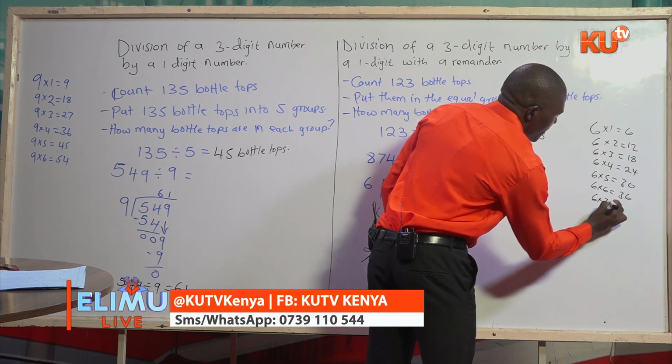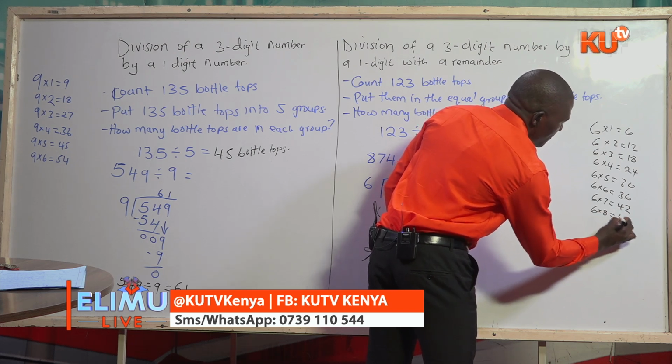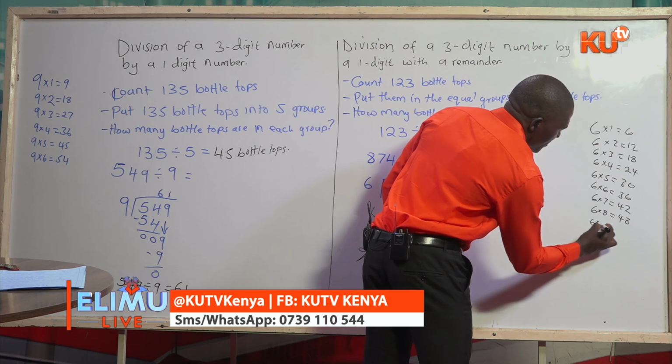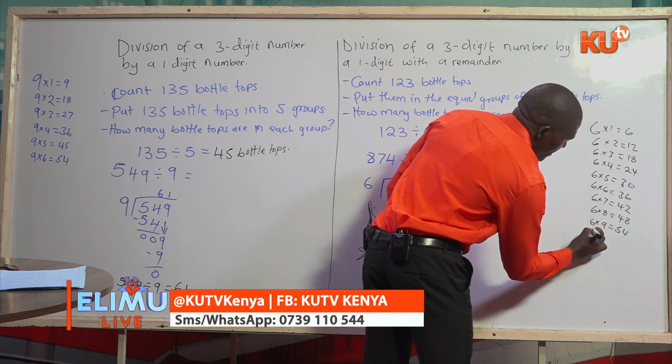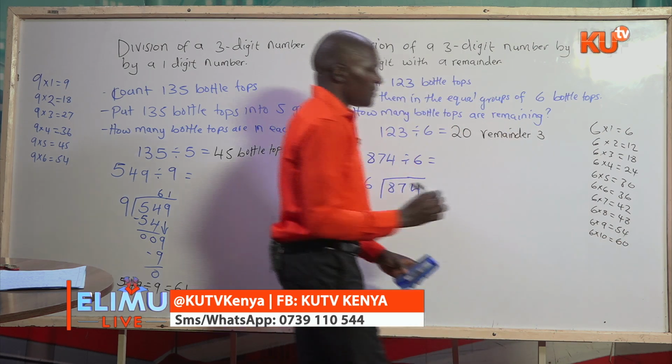6 times 7, 42. 6 times 8, 48. 6 times 9, that is 54. Then 6 times 10, that is 60.